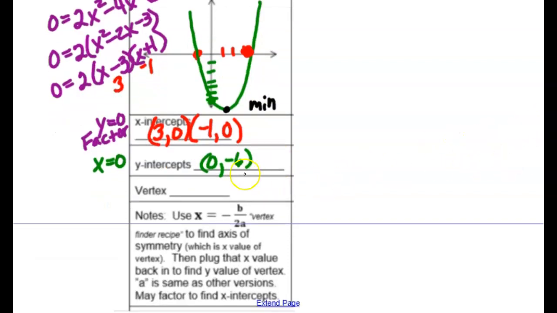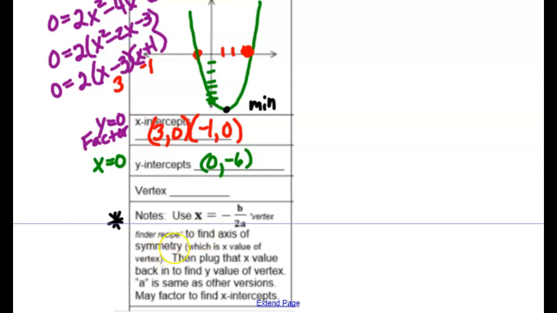But when you have this general or standard form, this is what you need to use to find a vertex by hand. It says use x equals negative b over 2a, or the opposite of b over 2a. I will call this the vertex finder recipe.